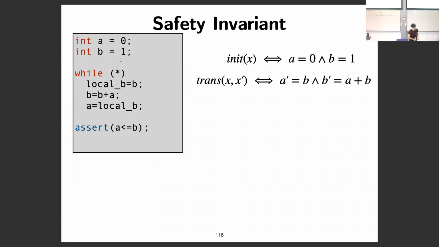So if that's true, then we're absolutely fine. But I don't think that is true in this case. My property is A less than or equal to B. I know that init implies the property, which is clearly true, but I don't think that A less than or equal to B and the transition relation implies that A prime is less than or equal to B prime.